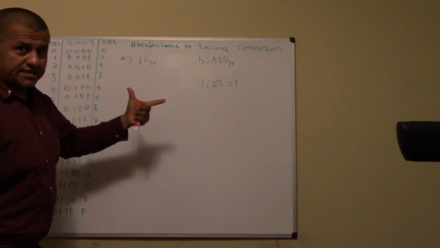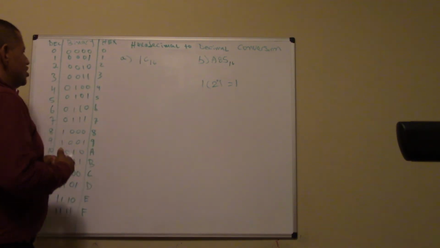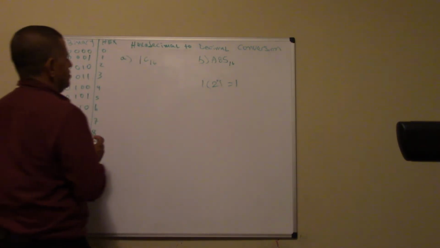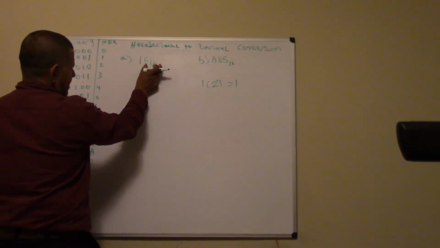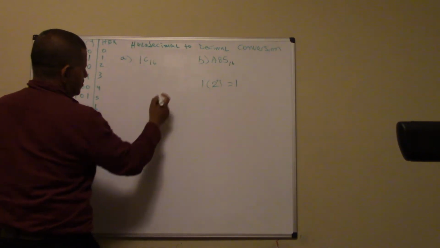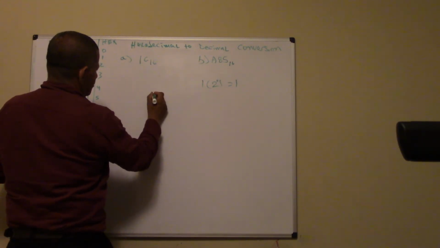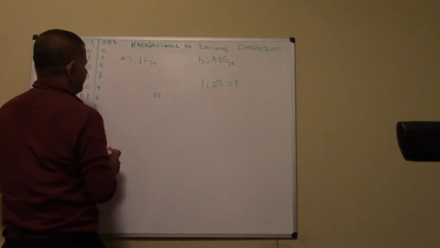Because that's the weight. That's the weight, right? So how do we do this, right? So now we know that C is going to be 12, right? So it's going to be 12, right?